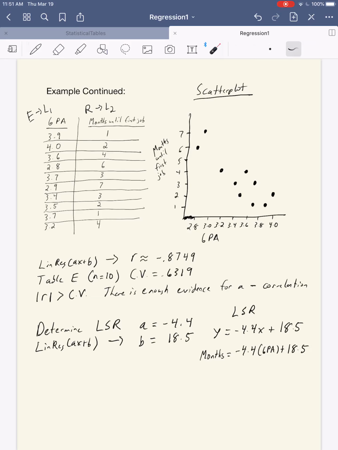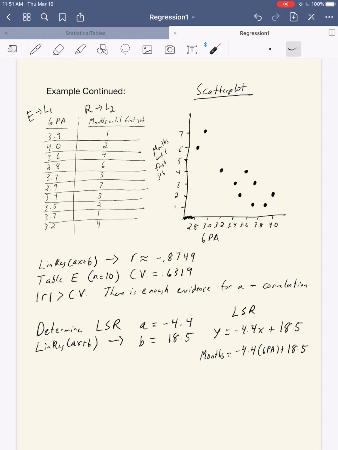While the first is a fine presentation, this is an even better one because it reminds us what our variables were. This also indicates how we would use this model. If we know somebody's GPA, we can plug it in right here, multiply it by negative 4.4, add it to 18.5, and that'll tell us about how many months it should take for them to get their first job.